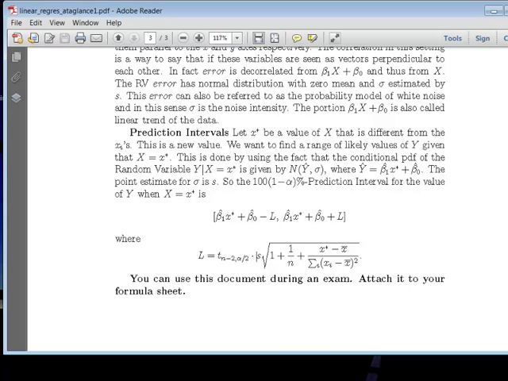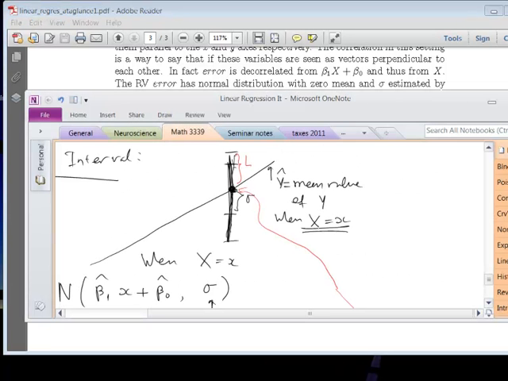We also know that the estimation of the values of y is going to follow a normal distribution with mean, the mean that we have used, that one, and standard deviation, this sigma.